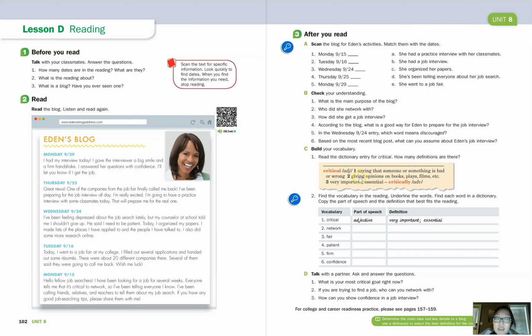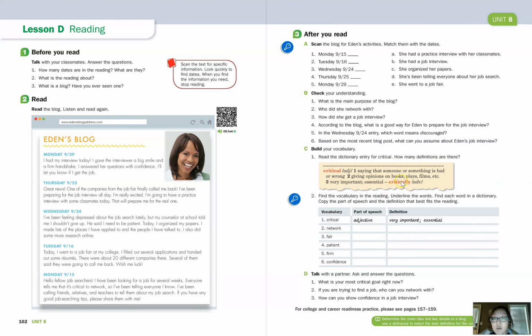That is more common for definition number 2. So for numbers 1 and 2, it's very common to use the words critic and critique, although those are nouns. The word critical as an adjective can be used for critics or a critique, but I don't really hear it very often. It's much more common to use critical as definition number 3, very important or essential.